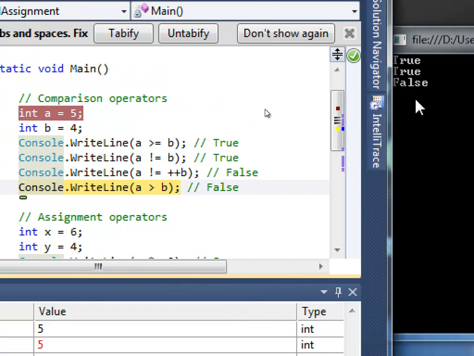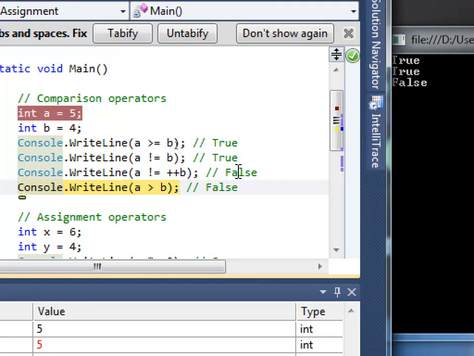Why will the last one be false? Because the value assigned, 5, before B is already 5. This operator, the plus plus or minus minus, regardless of whether it comes before or after the variable, changes the value of the variable.